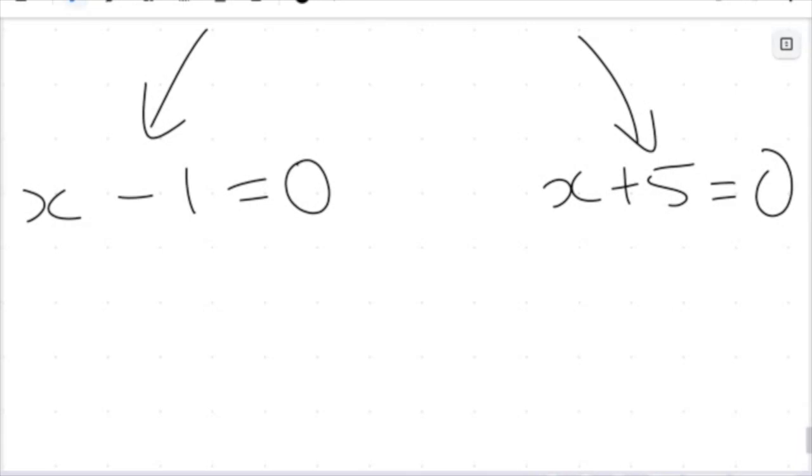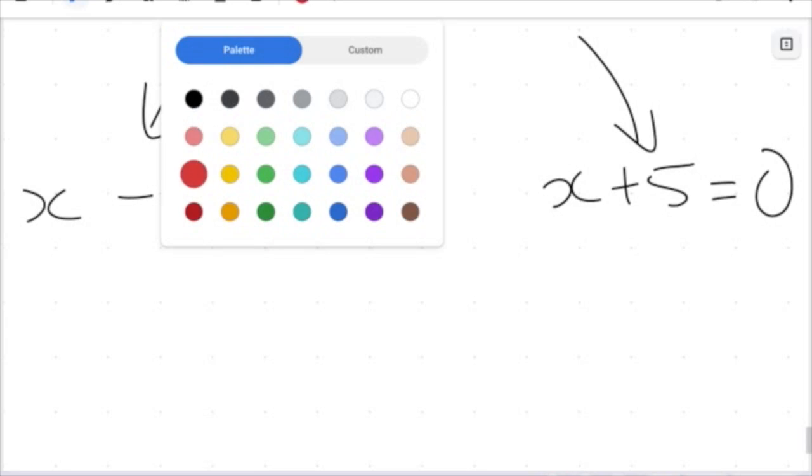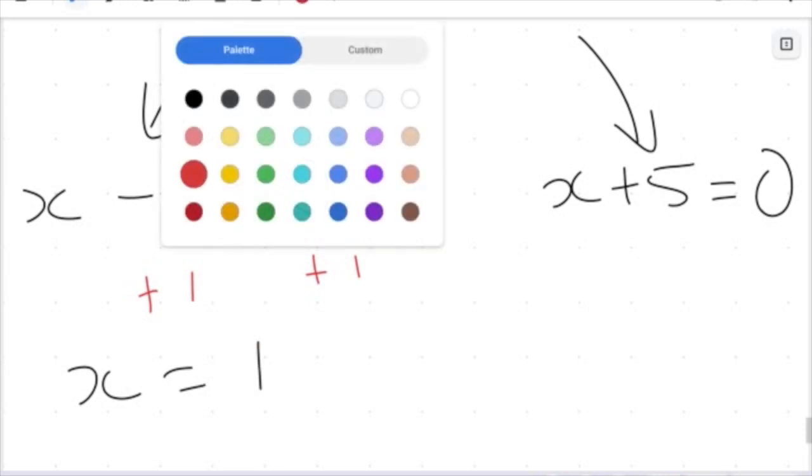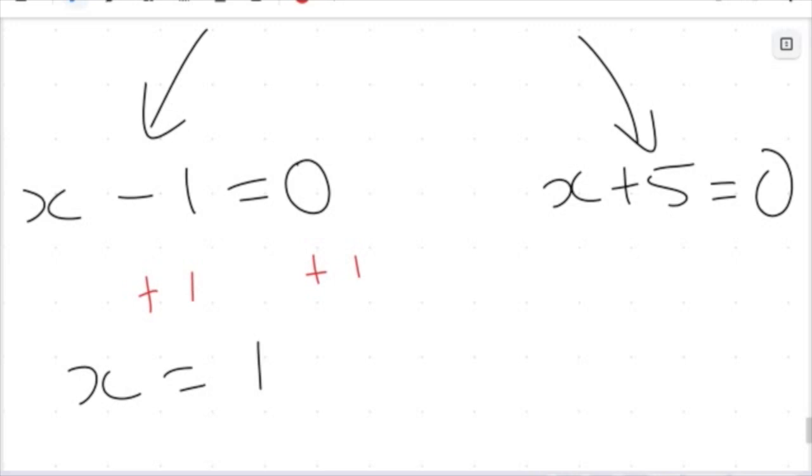Now, solving this equation, something minus 1 gives me 0. We can find that something by just doing the opposite operation. I'm adding 1 to both sides. So x = 1 is a solution here. And my other one here, I have x + 5 = 0.